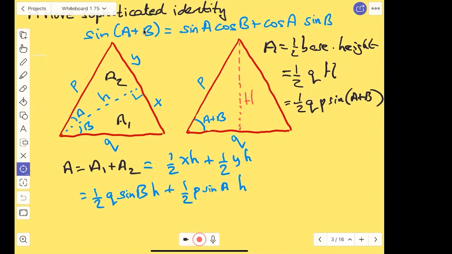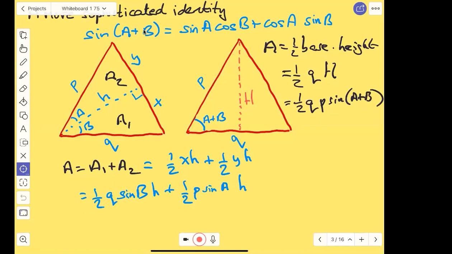Although we've got H here from looking at this triangle, to replace H in terms of P, we look at this triangle, which also has P. So which trigonometric function of A involves H and P, please? Exactly, thank you very much. The cosine. The cosine of A is H over P. So H is P times the cosine of A.